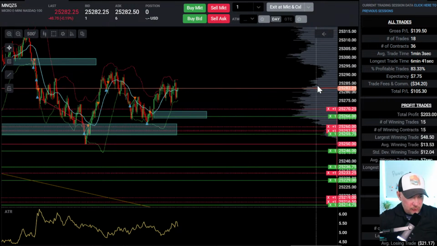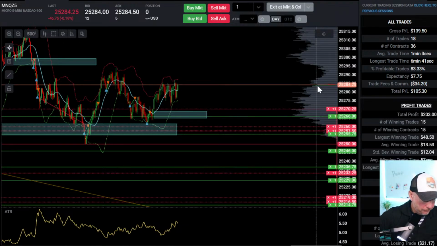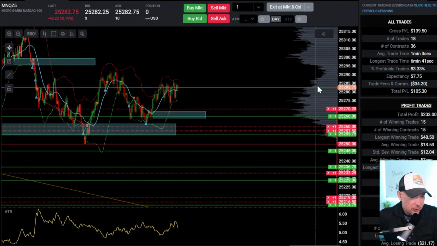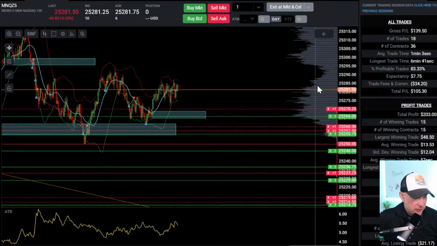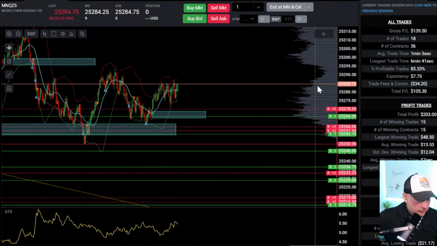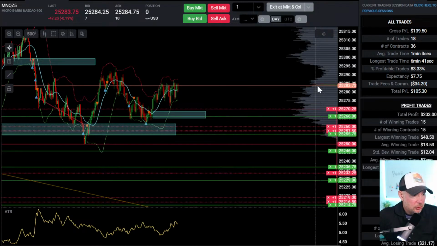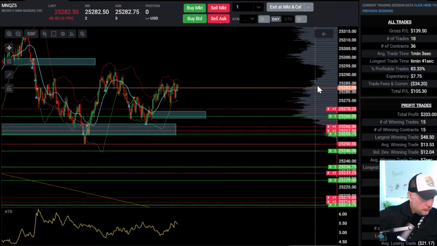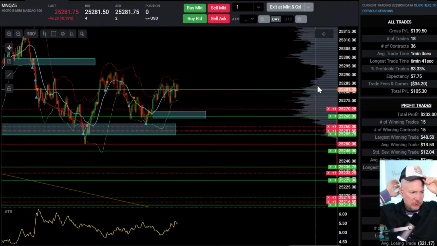All right, looks like my Russell is coming back up. I've accumulated 5 mini contracts there using AOS setups. Turning a little bit positive now, about $100 up on Russell contracts. 135, 200. All right, it's climbing.